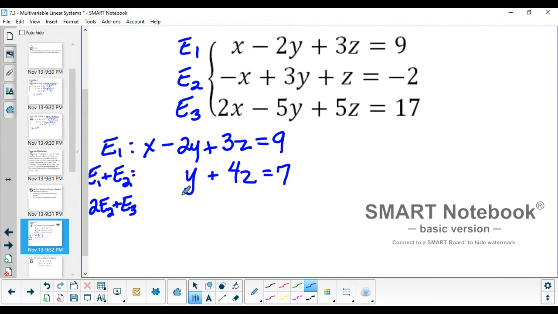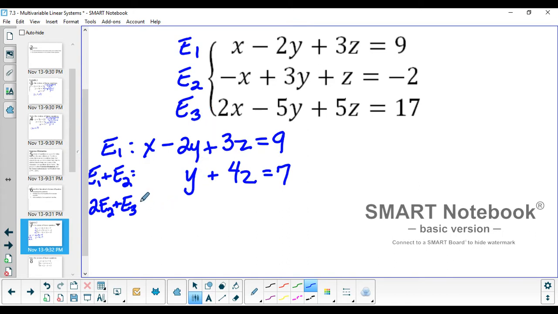To be in row echelon form, your coefficients have to be a 1 in the first equation, and I don't care what comes after that. Then it has to be a 0, 1, and I don't care what comes after that, and then it has to be 0, 0, 1, and then we don't care what comes after that. That puts it in that nice form where we can just do backward substitution.